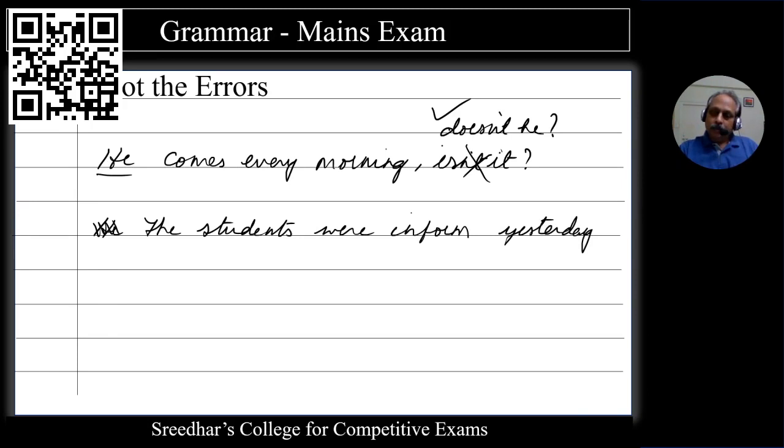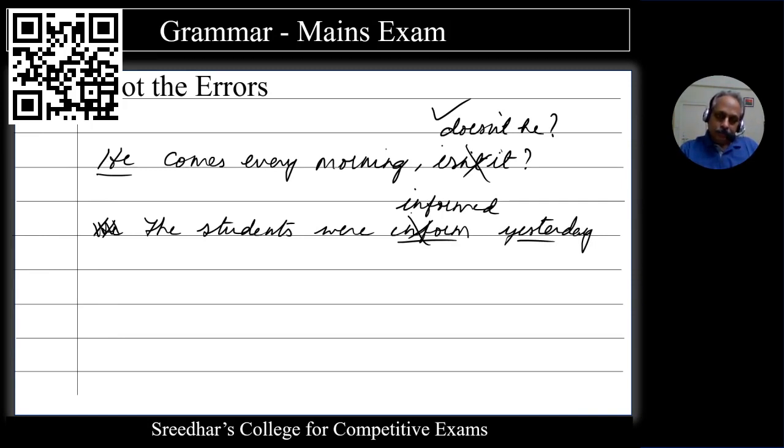This is wrong. Yesterday, past. But here it is in passive voice. Any sentence in passive voice, the main verb should always be in past participle form. The students were informed. We informed the students yesterday. The students were informed by us yesterday. By us, we don't mention.